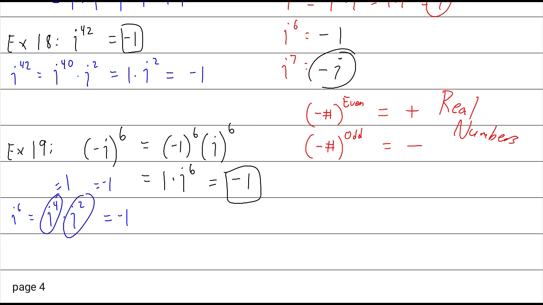Okay, let's go to a new page. Example 20. One more of these, so 2i to the 5th power. Again, we should break this up as 2 to the 5th power times i to the 5th power. 2 to the 5th power is easy: 2 times 2 times 2 times 2 times 2 is 32.